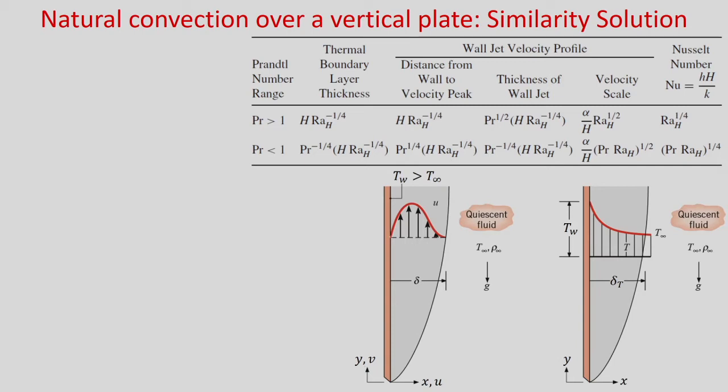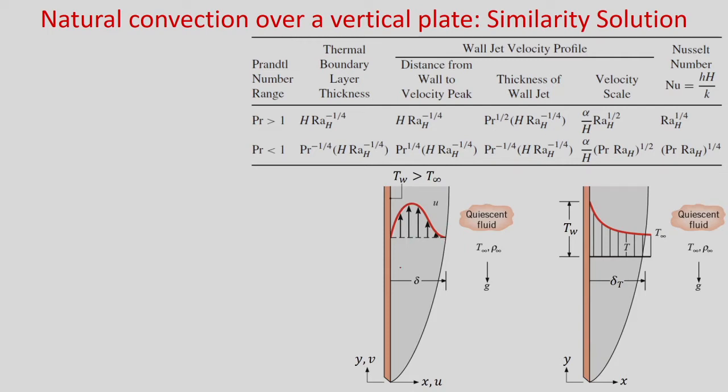Because at the wall you will have 0 velocity, and at the edge of the boundary layer you will also have 0 velocity, your maximum velocity occurs in between inside the boundary layer, and this is known as the wall jet velocity profile.